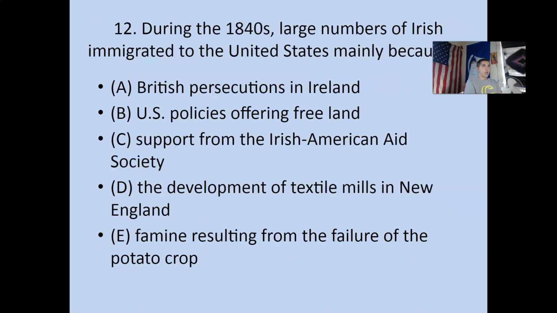Number 12. During the 1840s, large numbers of Irish immigrated to the United States, mainly because of: A. British persecution in Ireland, B. U.S. policies offering free land, C. Support from the Irish American Aid Society, D. The development of textile mills in New England, E. Famine resulting from the failure of the potato crop.